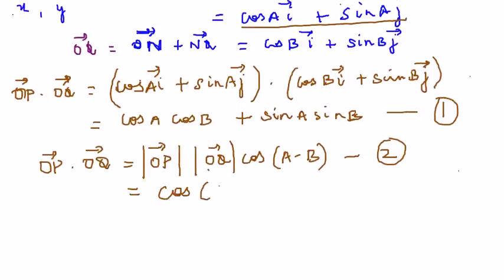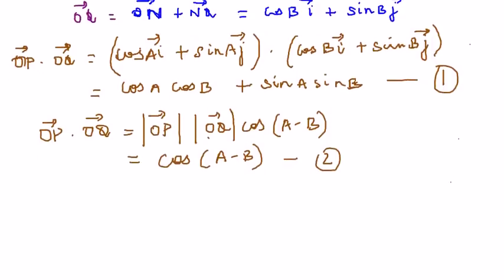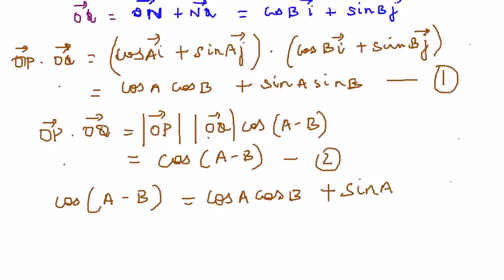So from equations 1 and 2, cos of (A minus B) is equal to cos A cos B plus sin A sin B, which is what we had to prove.